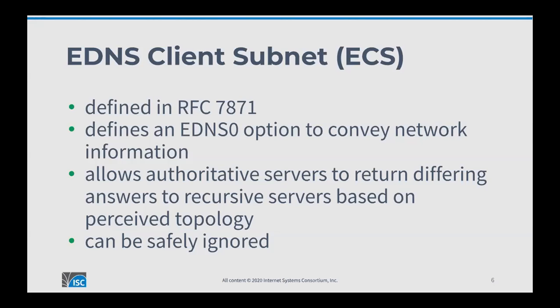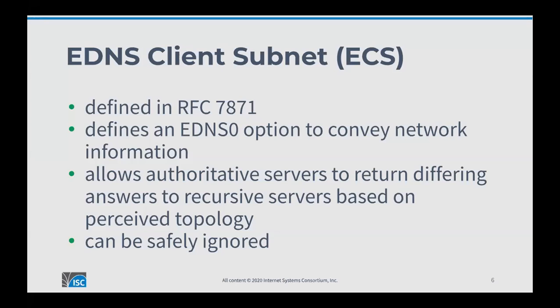The most common ones you think of, of course, are Google with 8.8.8.8, Quad9, and Cloudflare. But the point is, these days, while geography is still part of the equation, it isn't as critical in determining what the network topology looks like. So this is just another piece of data that the DNS authoritative servers can use to provide a tailored answer back to the recursive servers and then on to the clients.